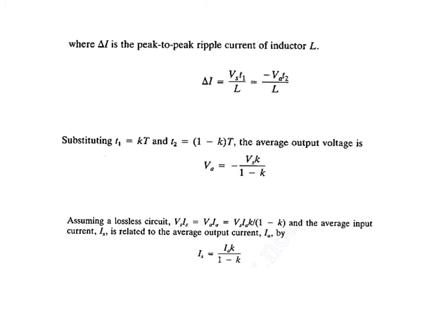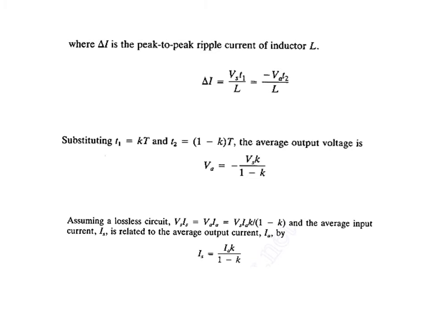Using this relationship, the average input current is related to average output current by the equation Is = Ia k/(1 - k). So here we have found the value of input voltage, output voltage and input current in relation with the output current Ia.